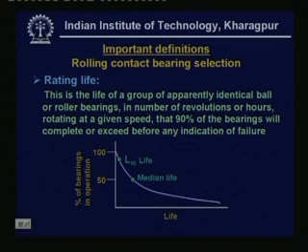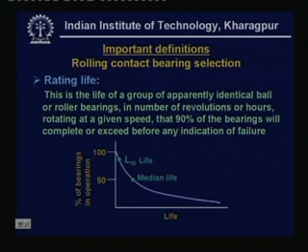Now, some of the important definitions of rolling contact bearing selection. Okay. So, these are certain important definitions what we understand. However, in rolling contact bearing selection, this particular idea of the rating life and other things also comes into picture.